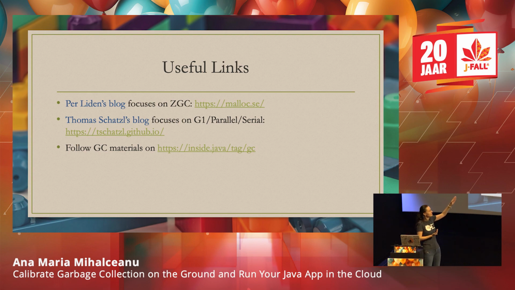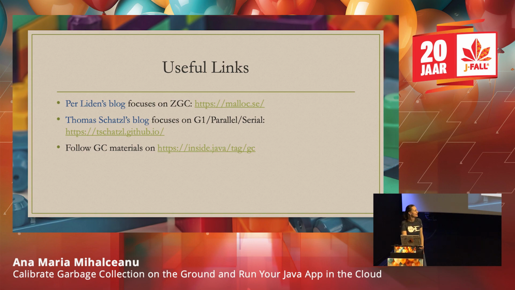Now, Per Liden focuses on ZGC. Thomas Schatzl focuses on the other ones: G1, parallel, serial. So they publish from time to time what has changed in the garbage collector in certain JDK versions. However, if you go to the blogs, you're not going to find all the Java versions since 8, for example, but the recent ones are covered.